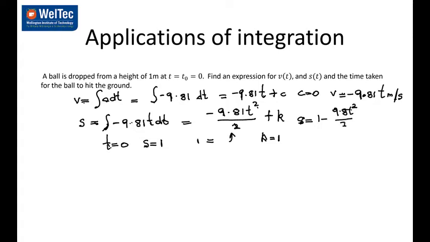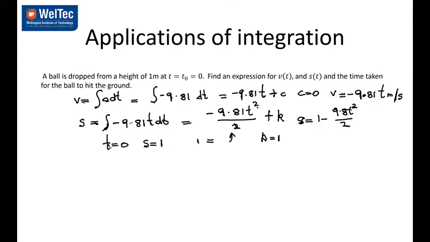What does the question say? What's the time taken for the ball to hit the ground? The ball is going to hit the ground when the distance is 0. So we've got a distance function of 1 minus 9.8 t squared over 2, and when it hits the ground, that's got to equal 0.